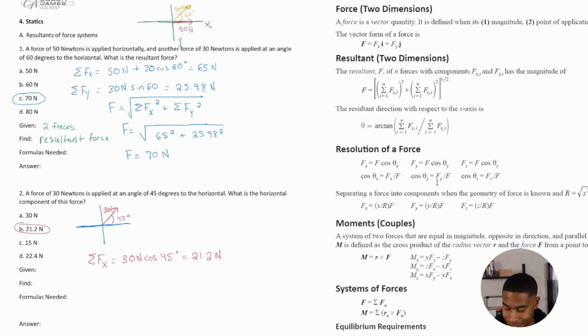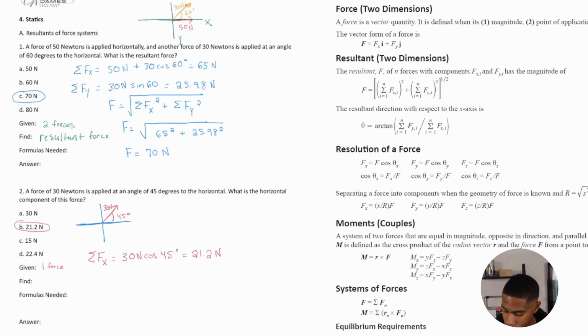Similar problems, less forces to deal with. Just had one force this time. So kind of skipped a step, but we were given one force. I started drawing. We're trying to find the horizontal or x component of the force.